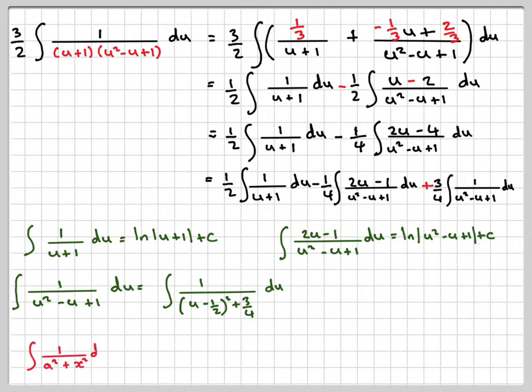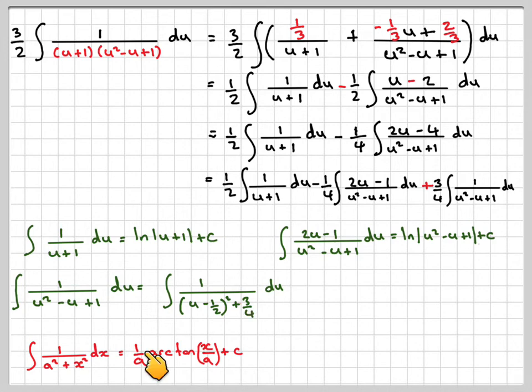Now, this type of integral can be done. The integral of 1 over a squared plus x squared dx is 1 over a arc tan x over a plus c. So x squared will be this u minus 1/2 squared, and a squared will be 3 over 4, which means a is root 3 over 2.